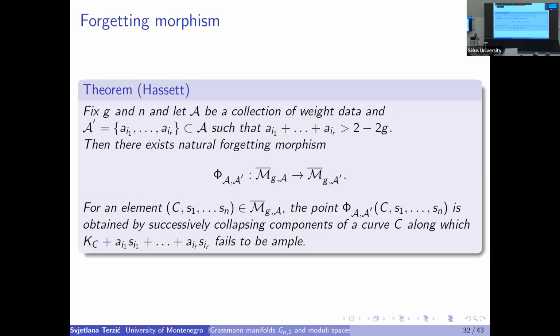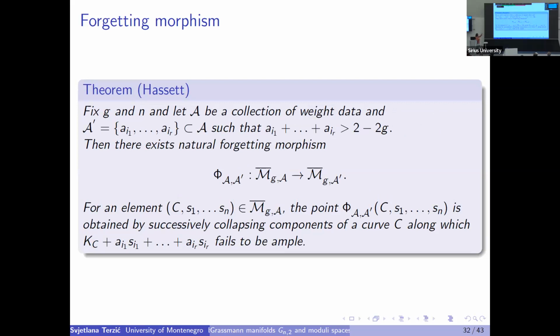He also proved the existence of the forgetting morphism when we have some collection of weights and some subset of these weights such that these conditions are satisfied.